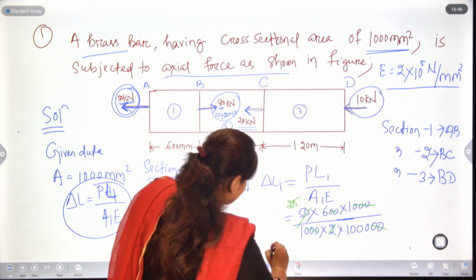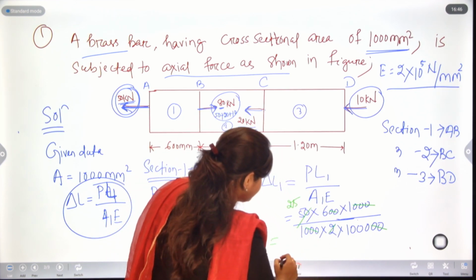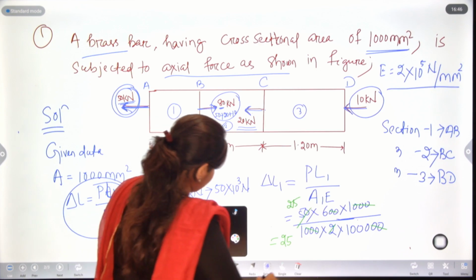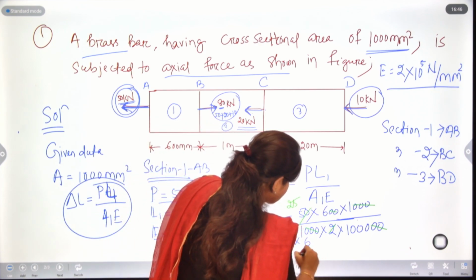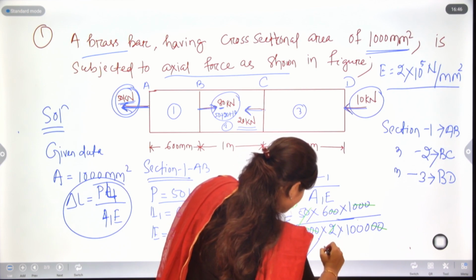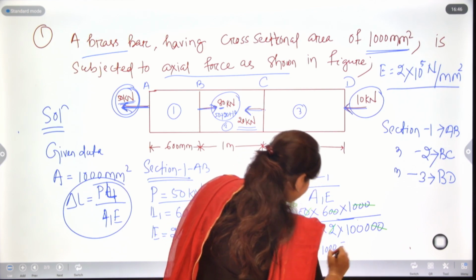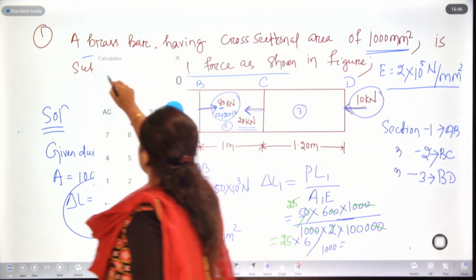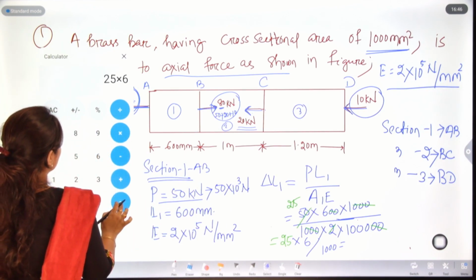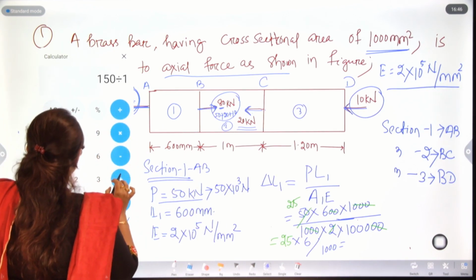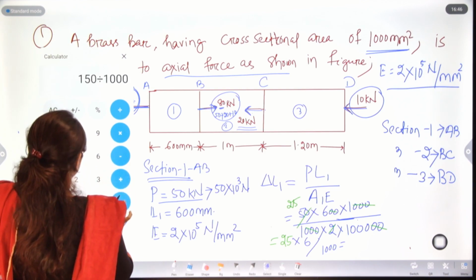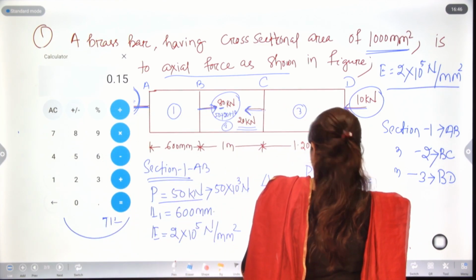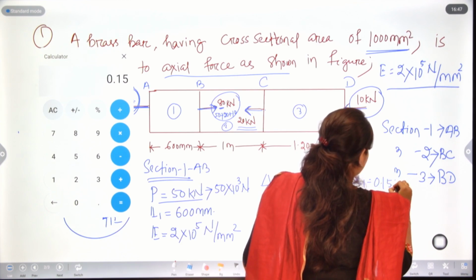So our value will be 25 into 6 upon 1000. So your first del L1 equals 0.15 mm.